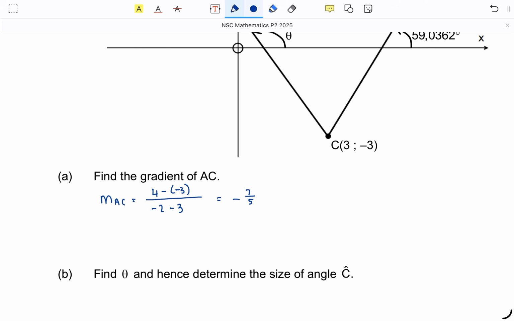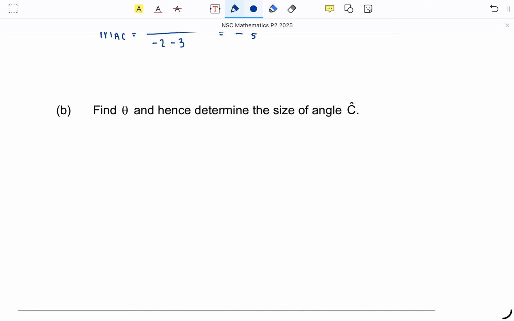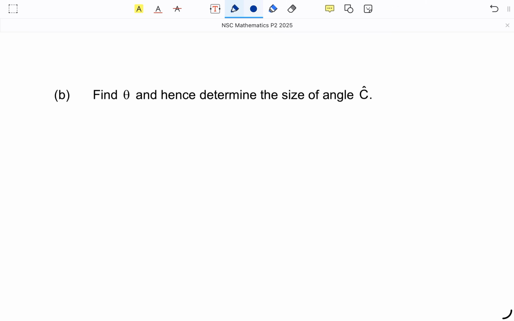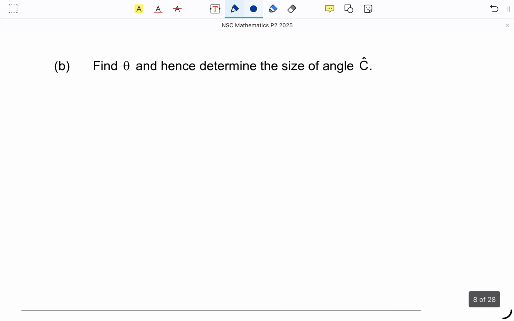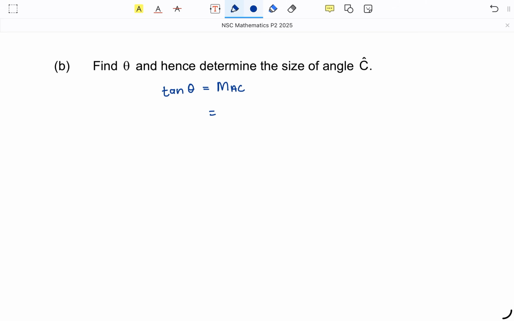And now the second question says, find theta. We know that's an angle of inclination, an obtuse one. And then determine the size of angle C. So we have to do two things over here. So the first thing we know about theta is that it's an angle of inclination of line AC. So when we want to solve this, we're going to say tan of the angle, which is theta in this case, must be equal to the gradient of AC.